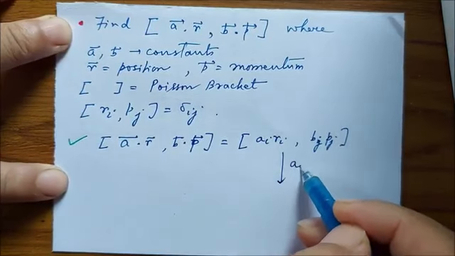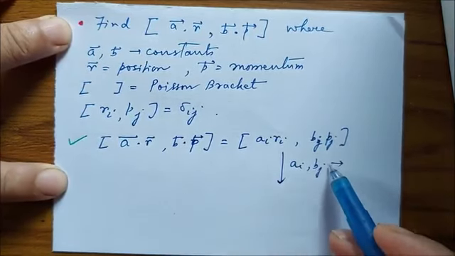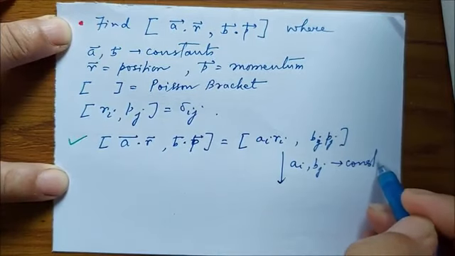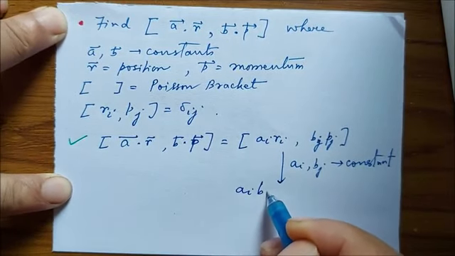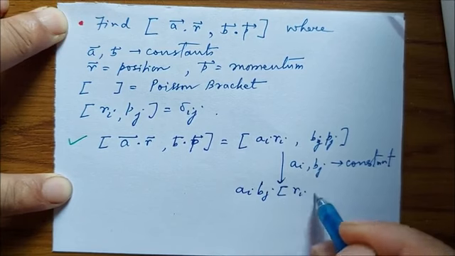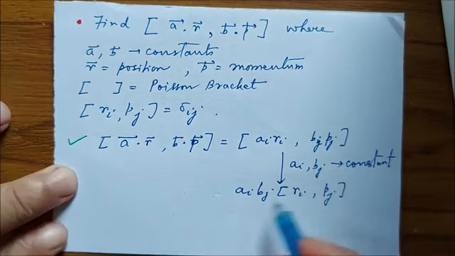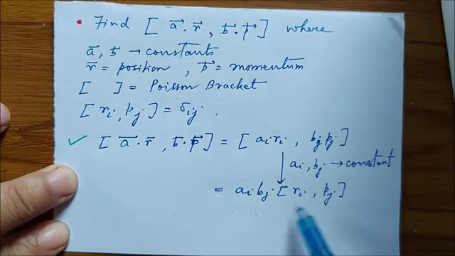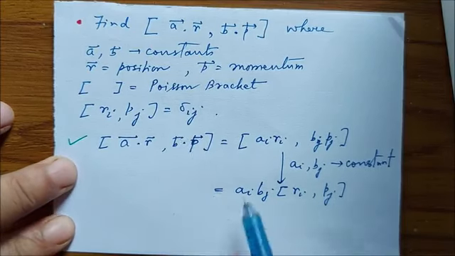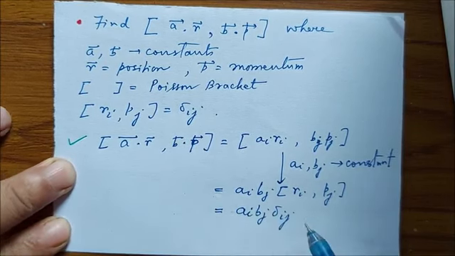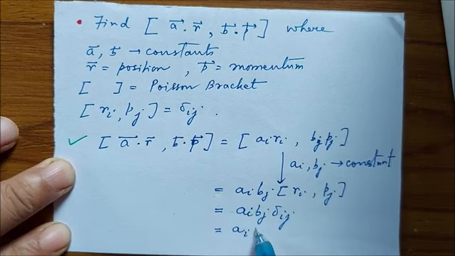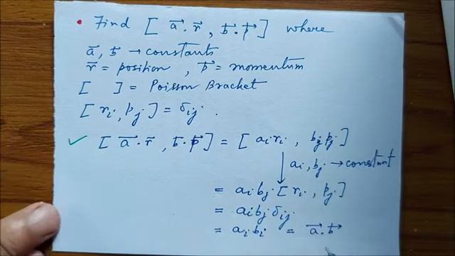Now as ai and bj are constants, so they can be taken outside the Poisson bracket, and we are left with now the value of this Poisson bracket is given to be Kronecker delta ij, so we are left with only surviving terms are those corresponding to j equal to i, and this is nothing but vector a dot b. So this is the answer.